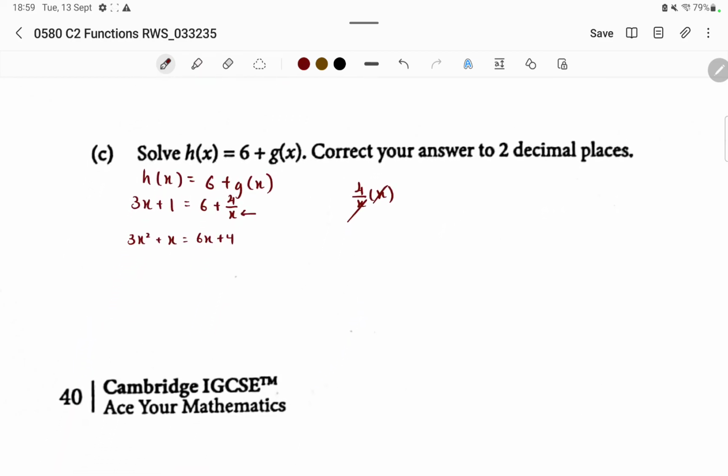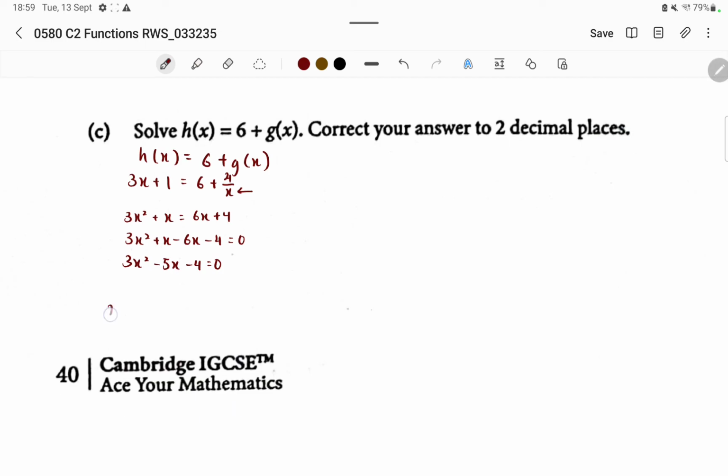Okay, and then move everything to the left side. 3x squared plus x, positive becomes negative 6x. And then same, minus 4 equals to 0. 3x squared minus 5x minus 4 equals to 0. And after that, you can use the quadratic formula to solve it.